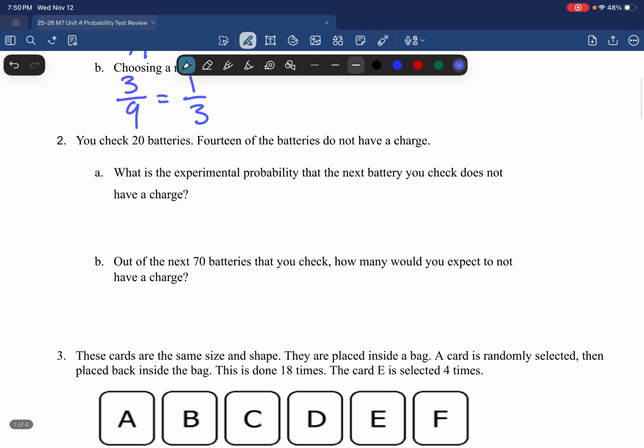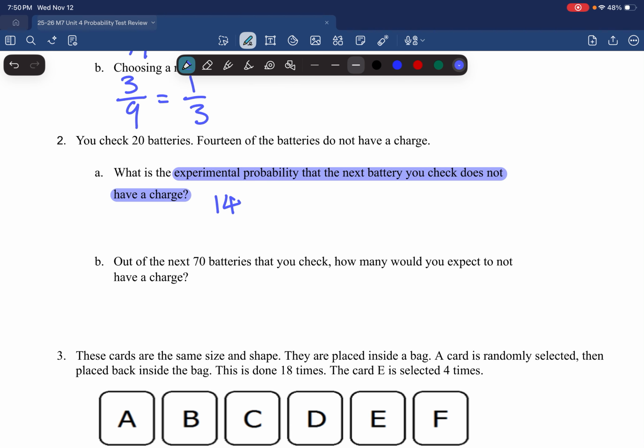All right, number 2, you check 20 batteries. 14 of the batteries do not have a charge. What is the experimental probability that the next battery you check does not have a charge? How many batteries don't have a charge?